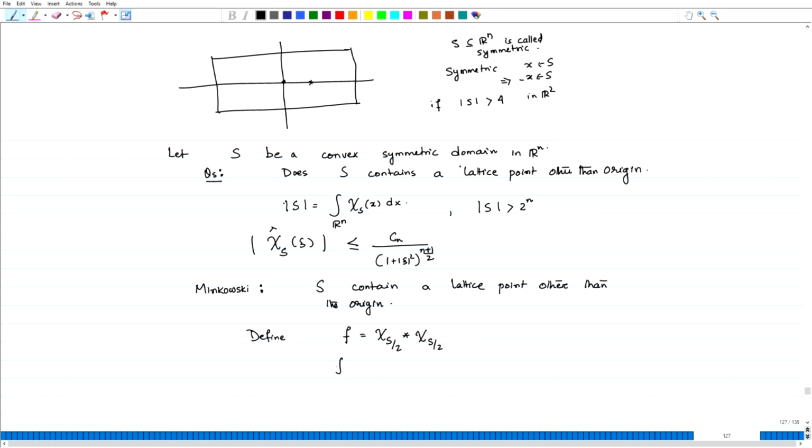Therefore, f of 0, if we compute it, is the integral over R^n of chi of S by 2 of x times chi of S by 2 of minus x dx, which equals the integral of chi of S by 2 of x squared dx.